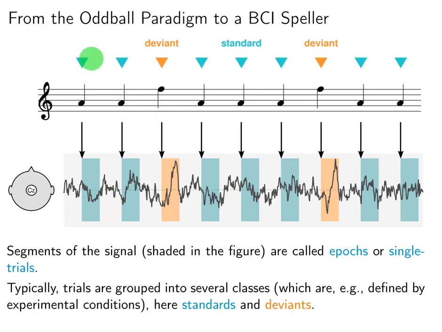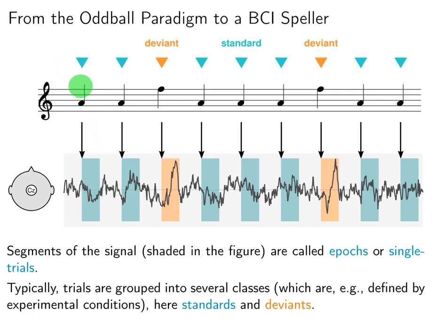Okay, so these rectangles represent standard stimuli, and deviant is by red color. Most standard is presented 80% of the time, deviant 20%. So we have the 80 to 20 ratio.